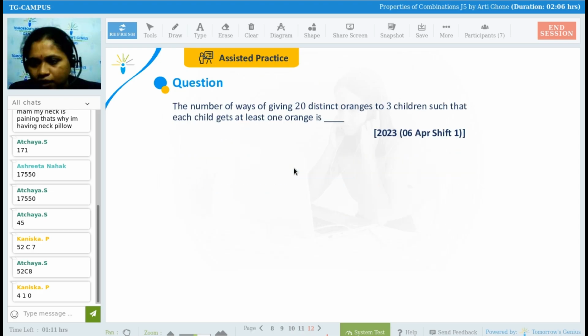Okay. See, the number of ways of giving 20 distinct oranges to the 3 children such that each child gets at least one orange is.